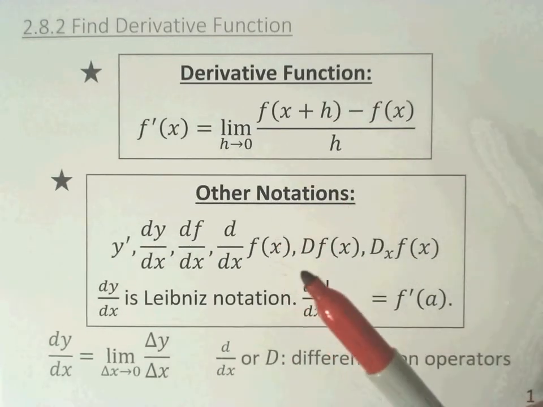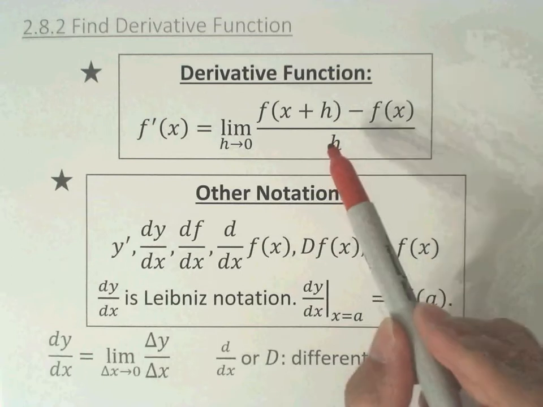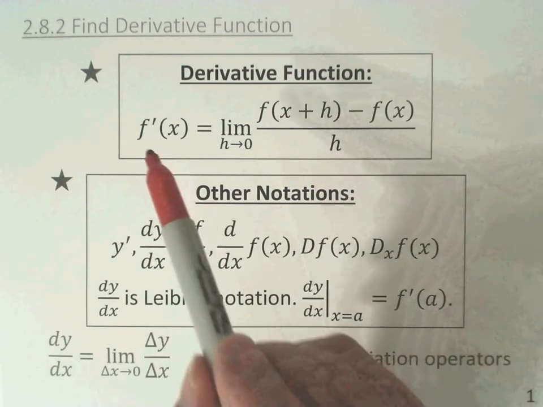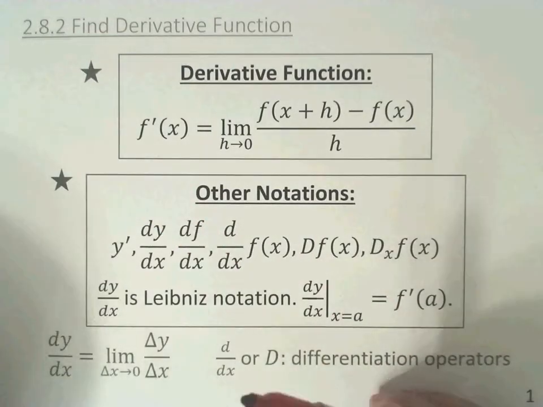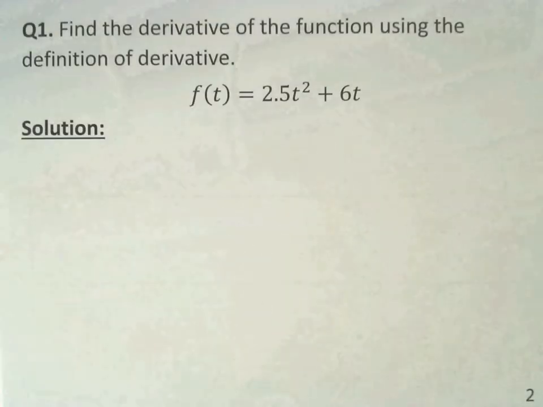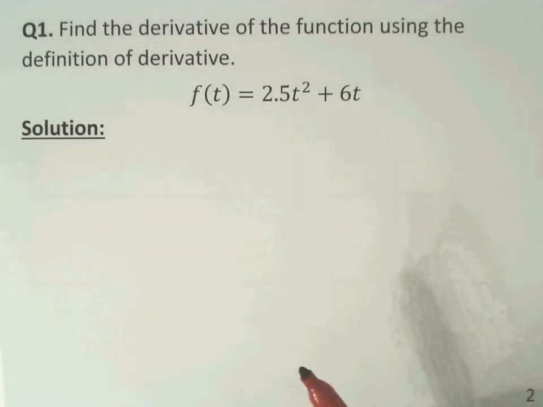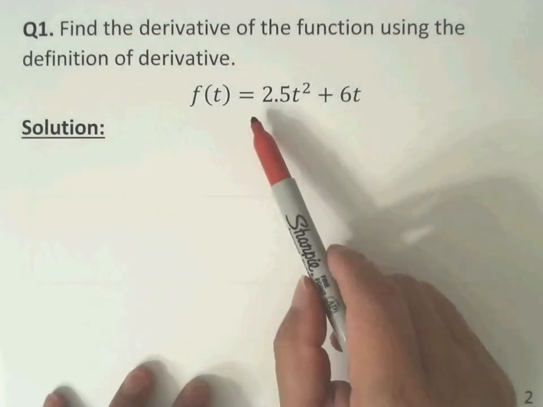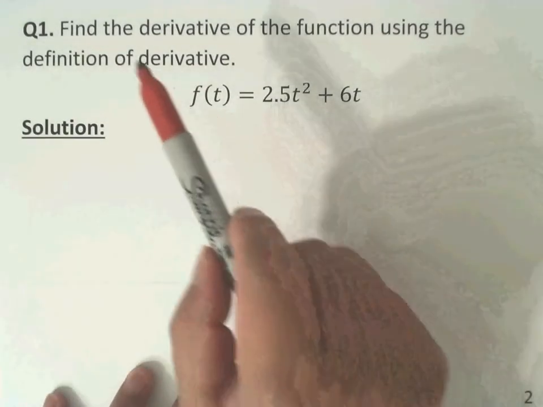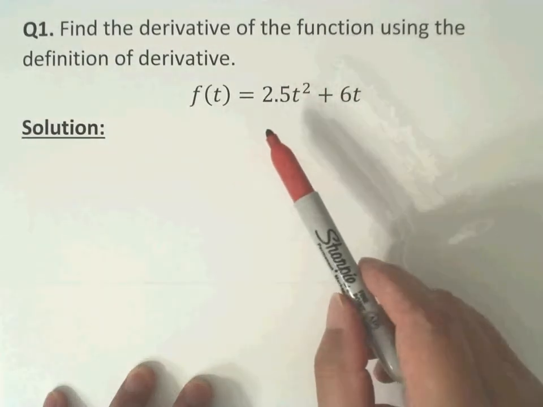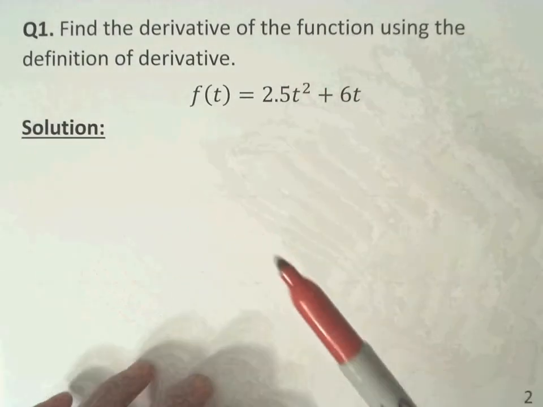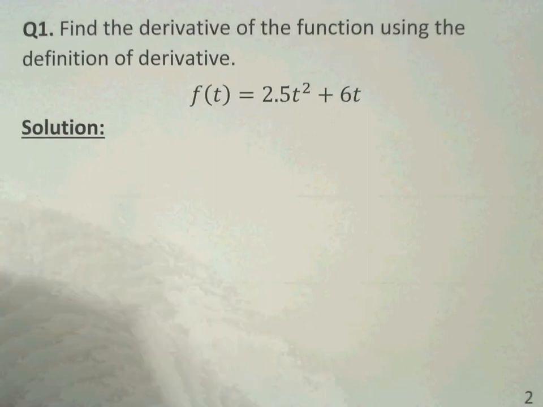Now we're going to do one question. Based on the definition, we calculate the derivative function. Here we have a function, and we're going to find the derivative of the function, which means the derivative function. We have to use the definition.